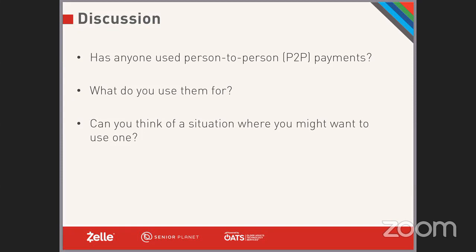Or like the video demonstrated, you're all at a restaurant with 5 friends, and instead of splitting the bill 5 ways, one person just pays with their card, and then everyone else can Zelle or use one of those other P2P payment services to send them their share of the bill. And that just makes it a little bit easier. So thank you so much everybody for your input.